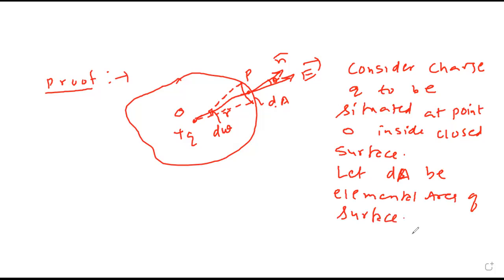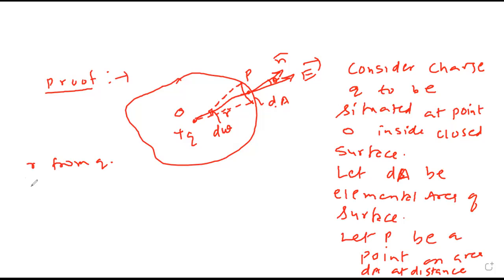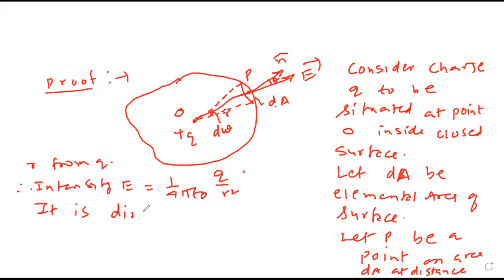Elemental means small area. Let P be a point on area dA at distance small r from Q. Therefore, intensity E equals 1 upon 4 pi epsilon naught Q upon r square. It is directed outward.